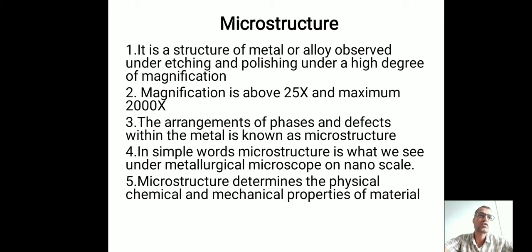And inside the microscope, what do we have to do? We have to select the magnifying lens. Magnification is from about 25x up to a maximum of 2000x. So inside the microscope, magnifying lenses are available from 25x up to 2000x. We have to select according to our requirement.